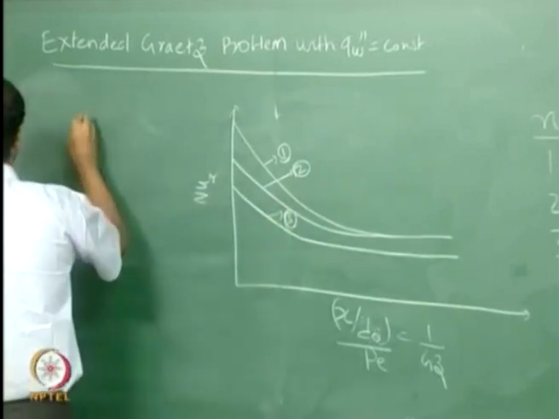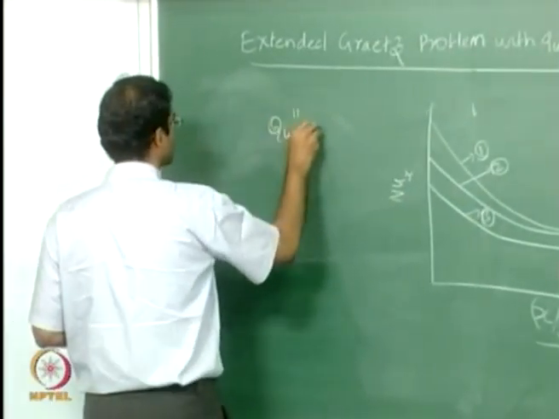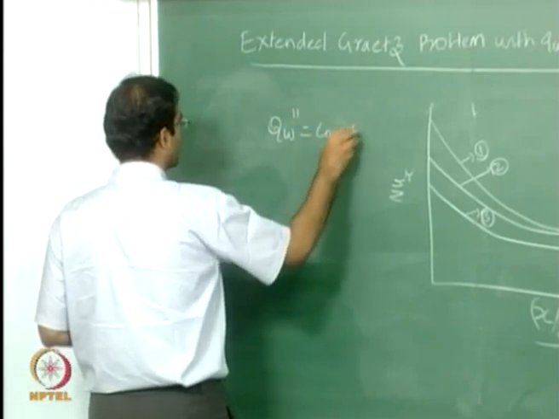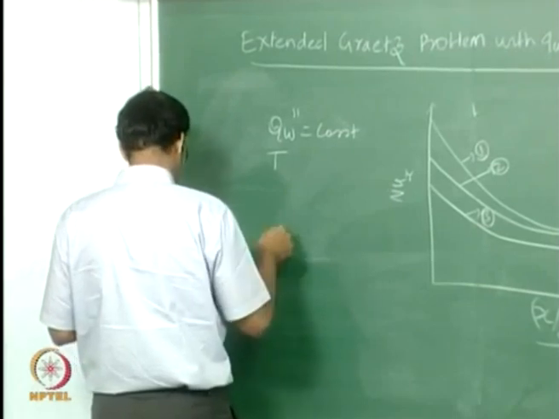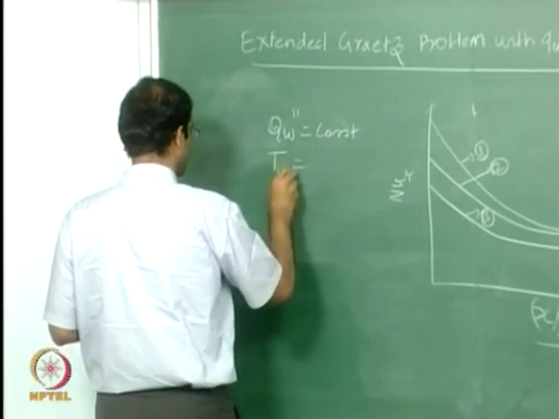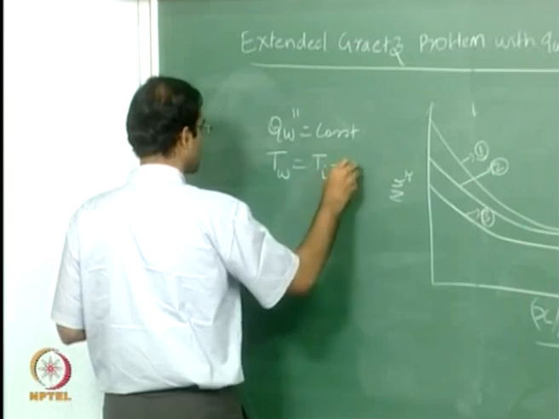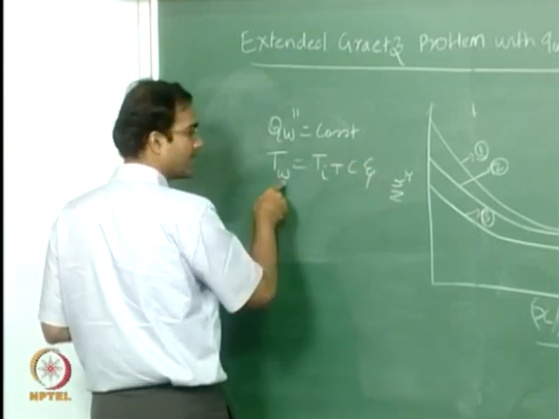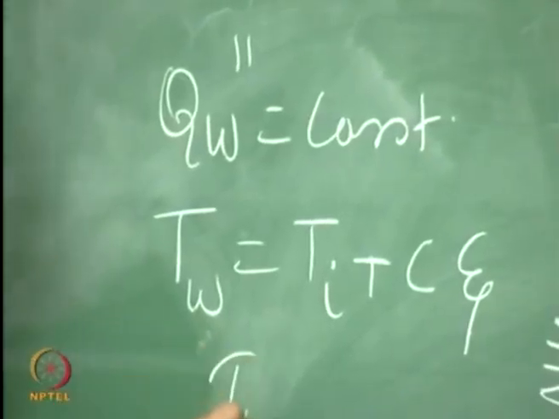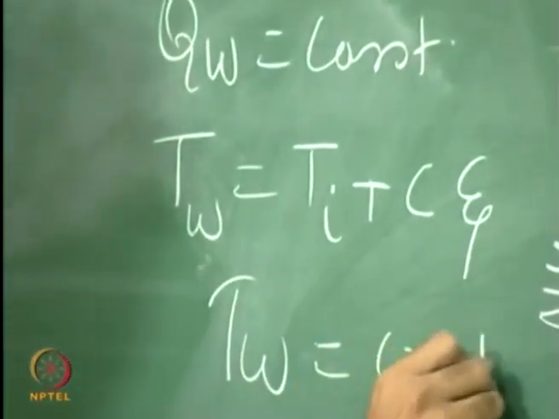So he has done for 3 different boundary conditions: constant wall flux and linear wall temperature variation, which was something like T wall is Ti plus some constant times zeta. This was the linear wall temperature variation, and of course your constant wall temperature.